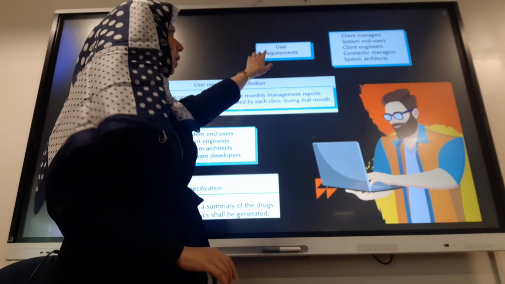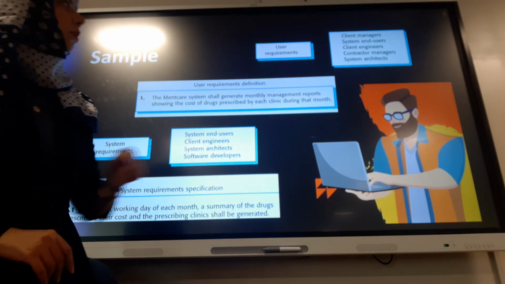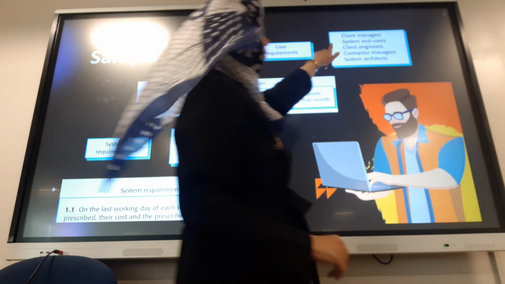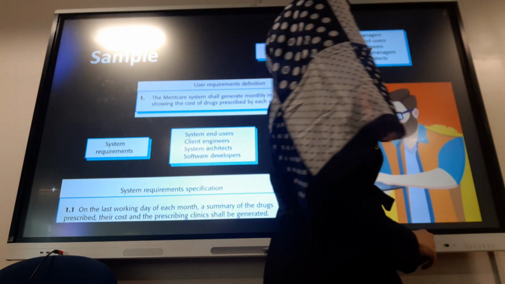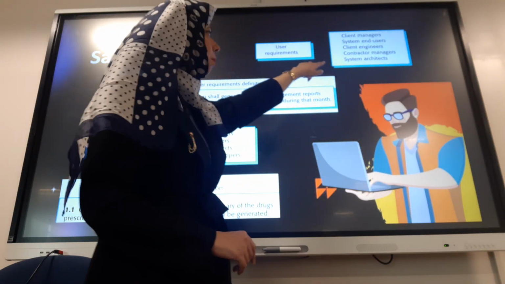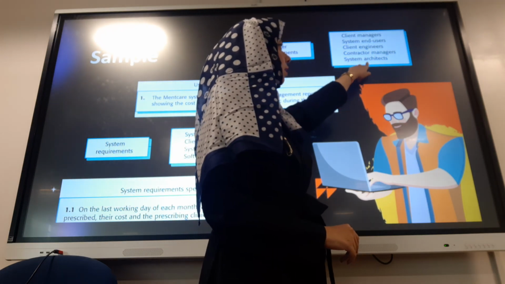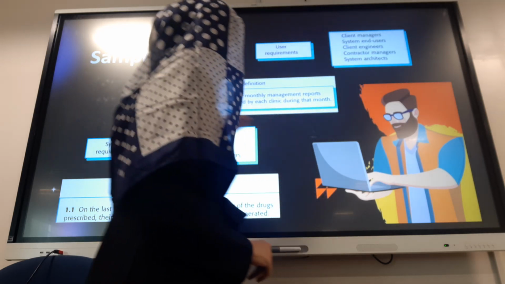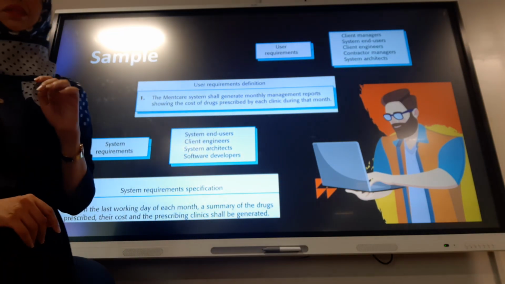Who gets access to what? So user requirements are mostly visible to client managers, system end users, client engineers, contractor managers, and system architect. Now these three people in the middle are still common here for the system requirements.